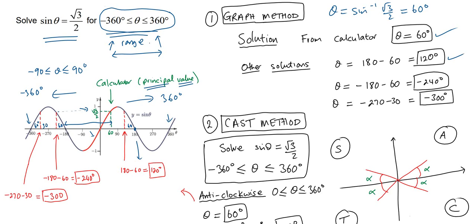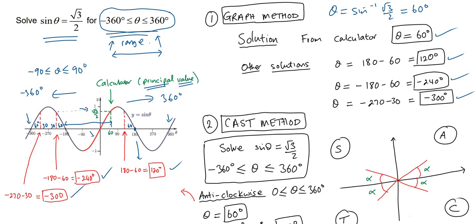Therefore this is 30 and this is 30. So the next value will be minus 180 minus another 60, which gives us minus 240, which is this one. And then the next one is going to be minus 270 minus another 30, which gives us minus 300.